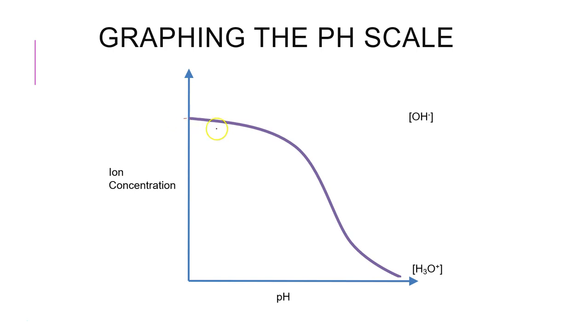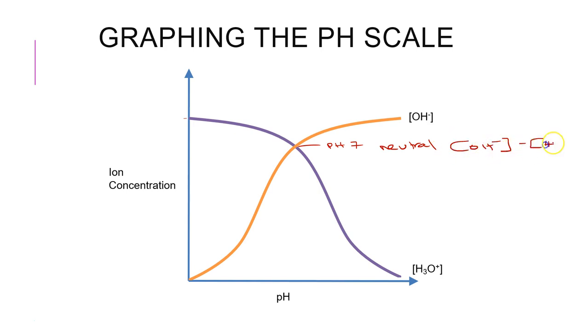As we increase the pH, we decrease the concentration of hydronium. And then if we plot this for OH minus as well, we will see that at the point where the concentration of ions is the same, this is actually going to be our pH 7, or our neutral solution, where the concentration of OH minus is equal to the concentration of H3O plus.